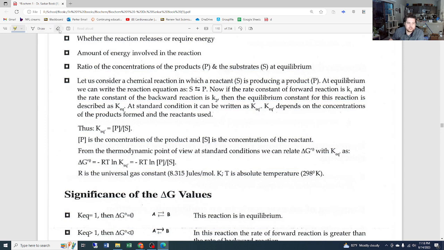R is one of the constants, this universal gas constant, 8.315 joules per mole Kelvin, and T being that absolute temperature. Okay, so we have negative, the absolute gas constant, multiplied by temperature, the natural log of the concentration of the products, divided by the concentration of the reactants.